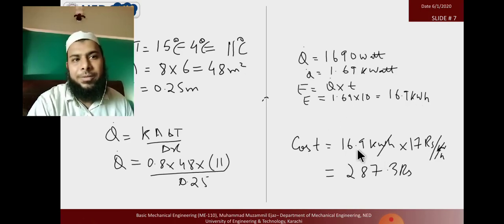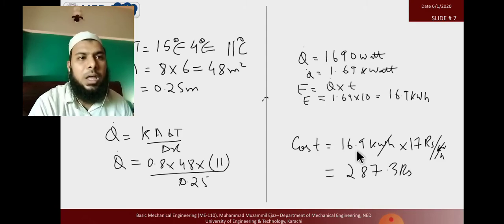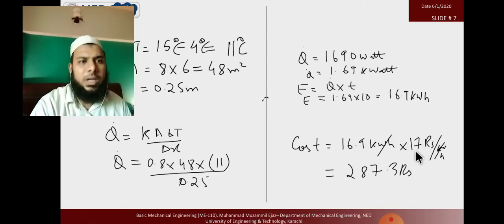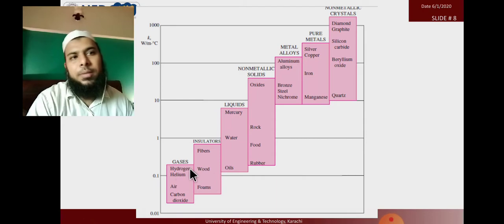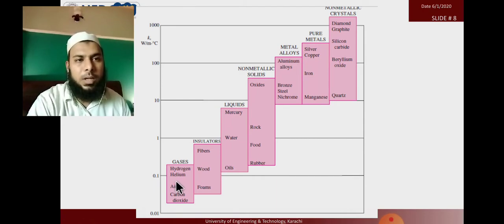If we multiply with the unit price, like in Pakistan the unit price is 17, so we take it as 17, but in the question it is something like $0.08. So it costs 287.3 rupees per day. Anyway, we start the topic of this lecture from this slide.